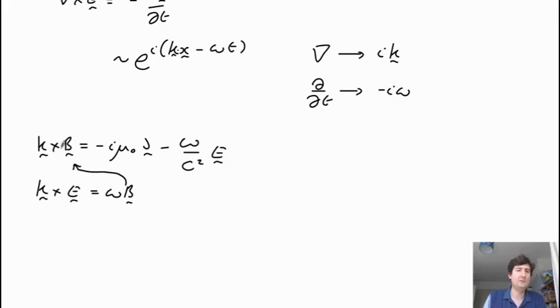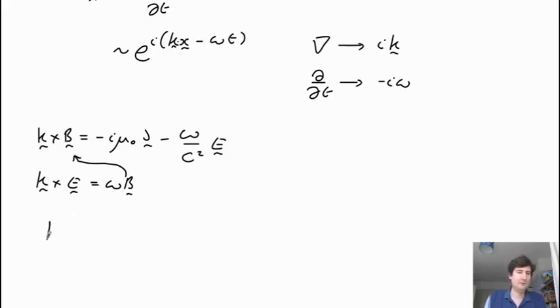So we have a k cross e. So this k here, crossed with a k cross e divided by omega.